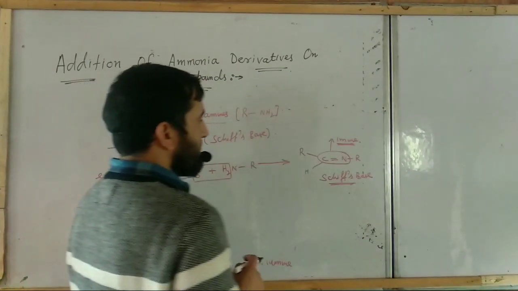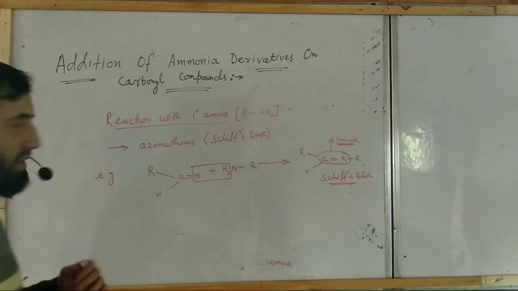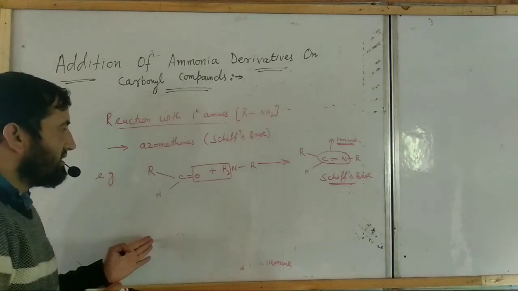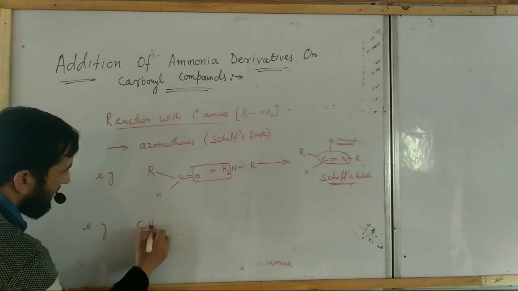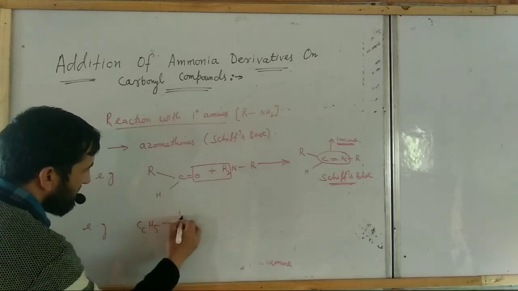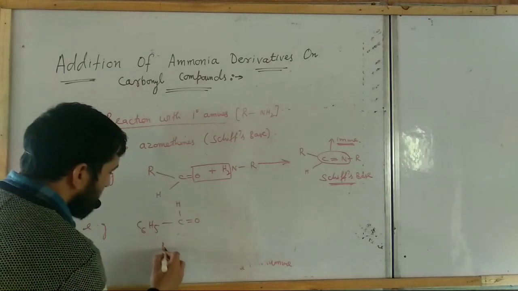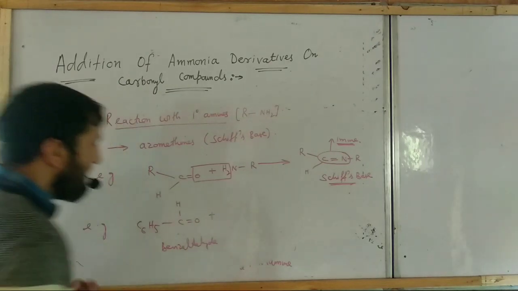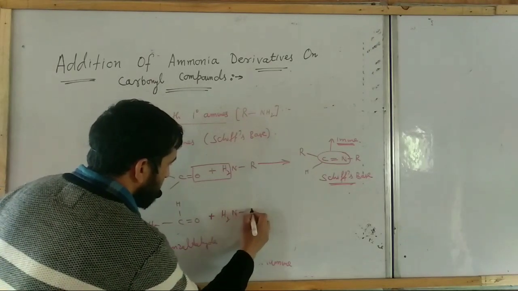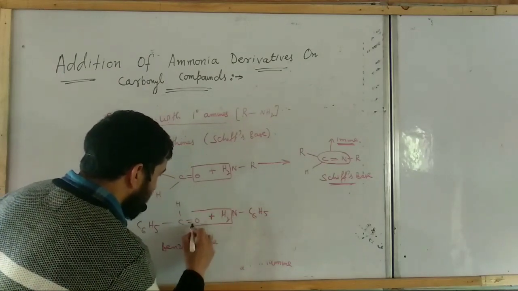One of the most important Schiff's bases is formed by aniline, that is the aromatic amine, with benzaldehyde. For example, if we take benzaldehyde, that is C6H5C double bond O single bond H, this is our benzaldehyde, if it reacts with aniline, that is NH2C6H5, there is also the elimination of a water molecule just like this.